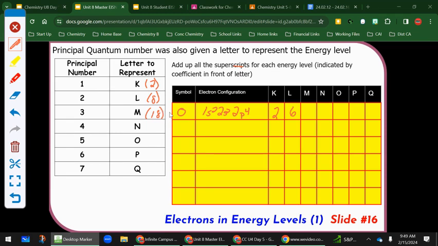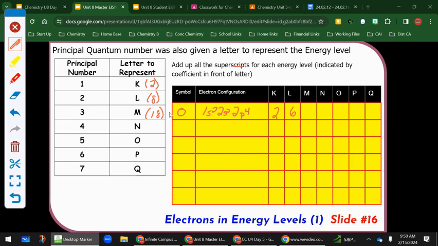How many in the fourth? 32. How'd you get 32? Because I looked at this. I was hoping you were going to tell me how we could figure it out. Yes, you do, because I just gave you how to figure out the S's. What sublevels are in the third energy level? SPD.